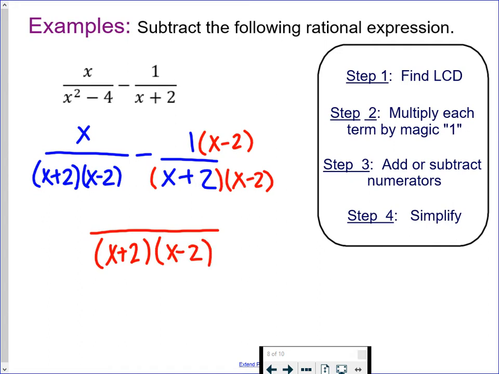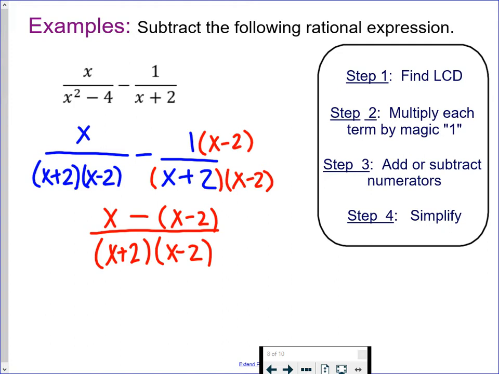Okay, so this is x minus 2. If you do not distribute that negative, you are going to get this problem wrong. So that is a huge mistake waiting to happen. It will be an option on a multiple choice test as well. They live for those. They're going to forget that every single time.